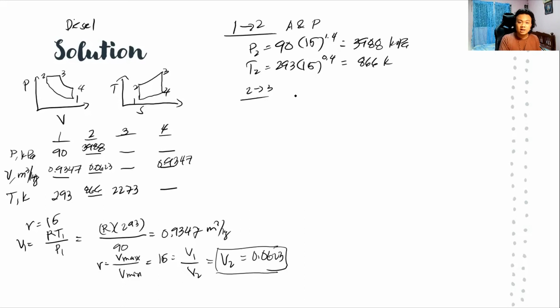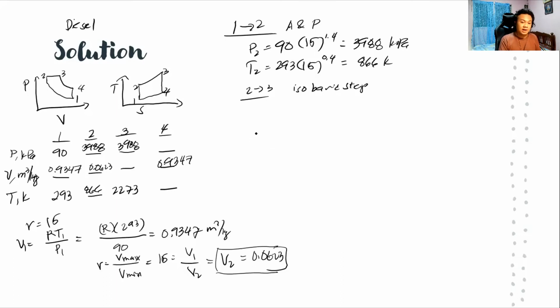What can you notice? Instead of the isochoric step in the Otto cycle, now we have an isobaric step, meaning we have the same pressure at state 2 and state 3, diba? So state 3, same.